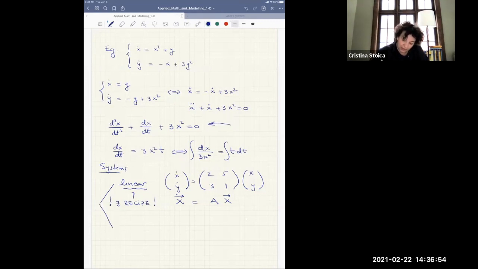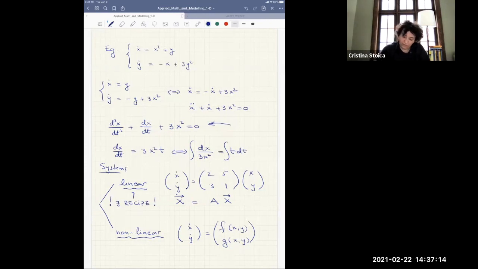Whereas for nonlinear systems, first of all, I cannot put them in this format as a matrix. They just look like x dot, y dot equals some function f of x and y, and some function g of x and y, and that's it.